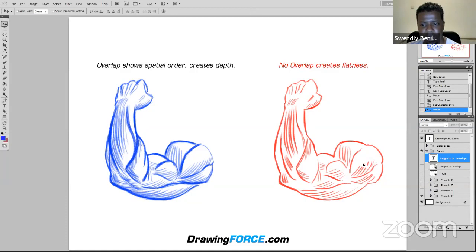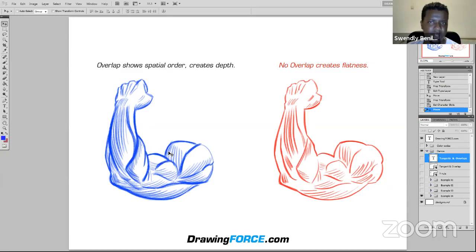And even though I use some surface lines, again, like Diego just showed, to show some volume, because of the lack of overlaps, the big picture still feels flat. This feels more like an outline of an arm with some lines on the inside, while this one, because of the clear overlaps, creates a sense of depth, actually. It tells us what's in front and what's behind.